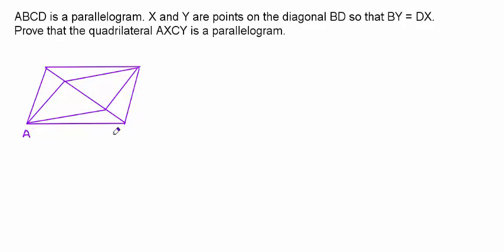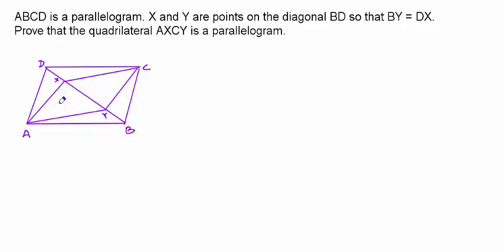So this parallelogram is named A, B, C and D. These two points are X and Y. BY, so B to Y, this is Y, is the same length as DX, D to X. And we need to prove AXCY is also a parallelogram. How do we go about it?